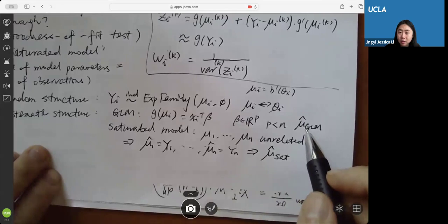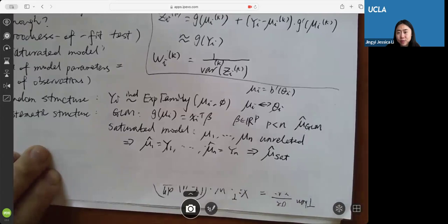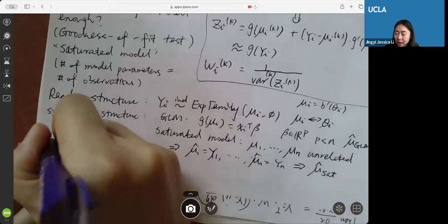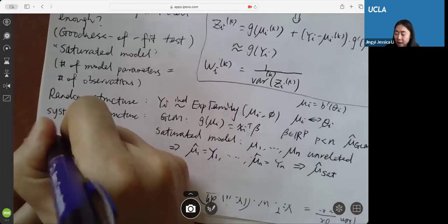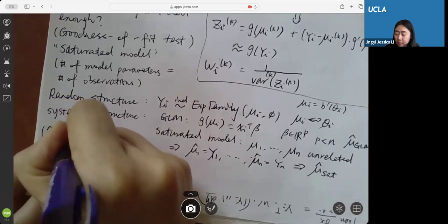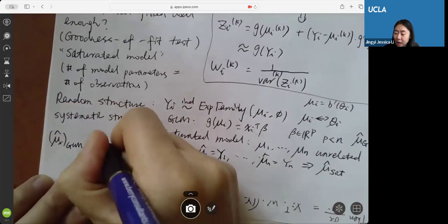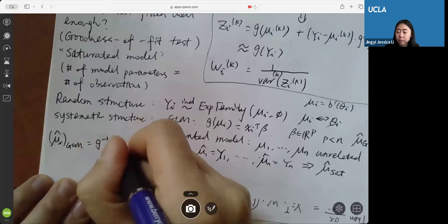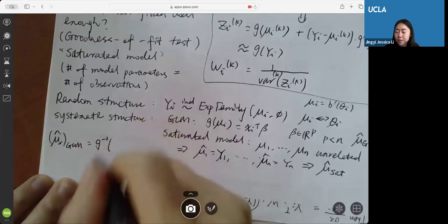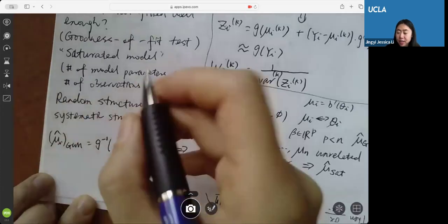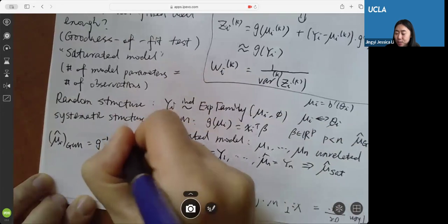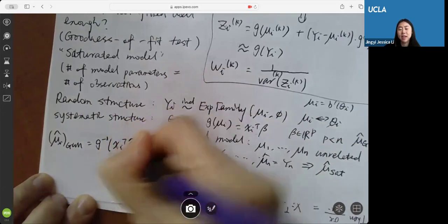Each mu_i is based on the linear predictor, transformed back. So mu_i hat GLM is the inverse of the link function applied to the linear predictor eta_i, and eta_i hat is x_i transpose beta hat. That's it.